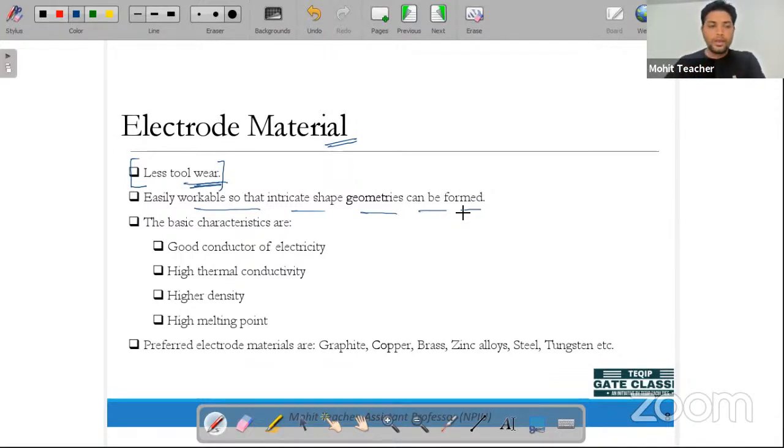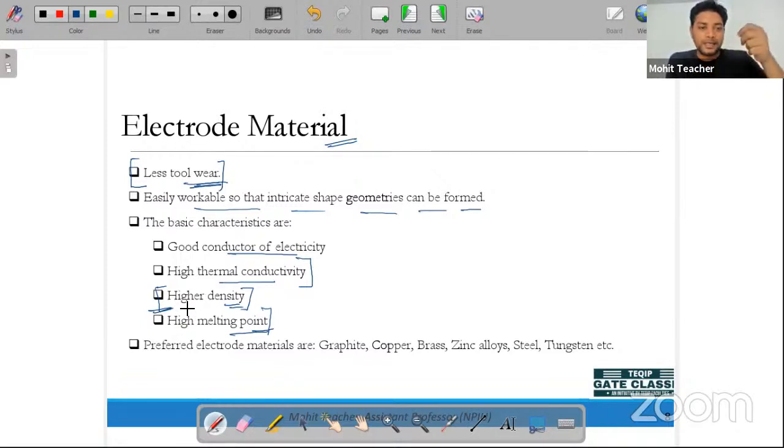Next characteristic is that it is a good conductor of electricity, as this is required for both, not only the electrode but the workpiece also. High thermal conductivity, because the temperature generation is very high, so we have to keep that in mind. High density and high melting point. High melting point is okay. High density, because generally if the other properties increase, then definitely the density of the material also increases.